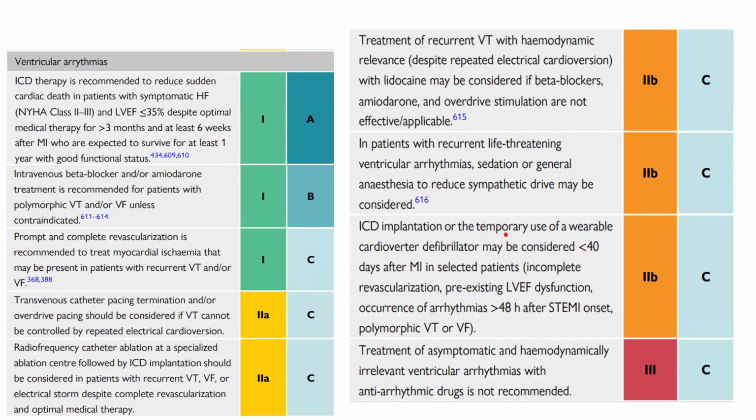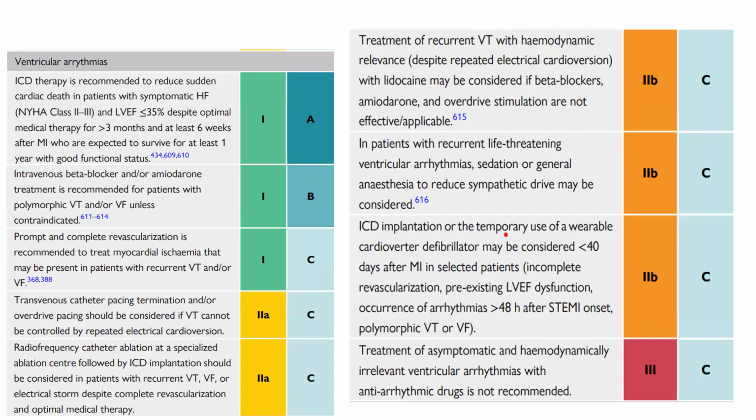A transvenous catheter pacing termination and or overdrive pacing should be considered if VT cannot be controlled by repeated electrical cardioversion. Radiofrequency ablation at a specialized center followed by ICD implantation should be considered in patients with recurrent VT or VF or electrical storm despite complete revascularization and optimal medical therapy.